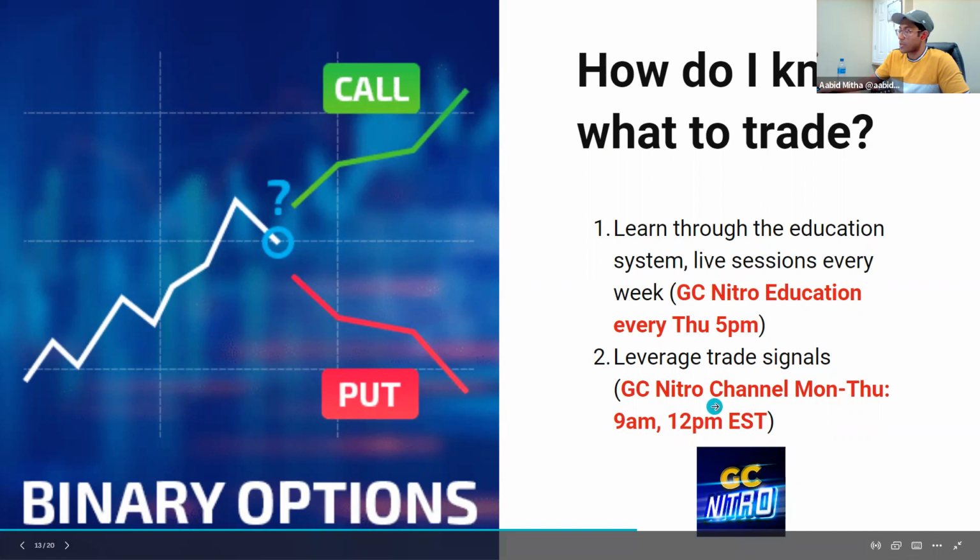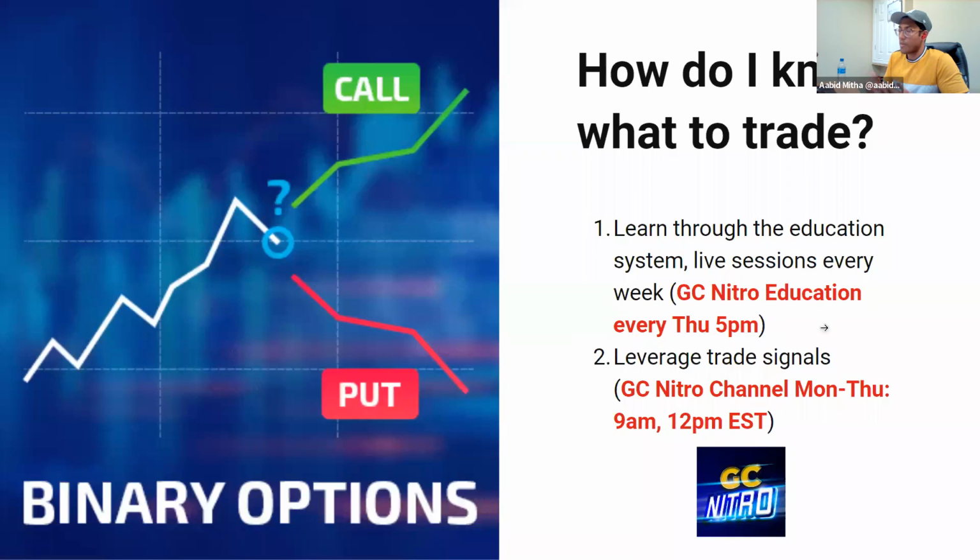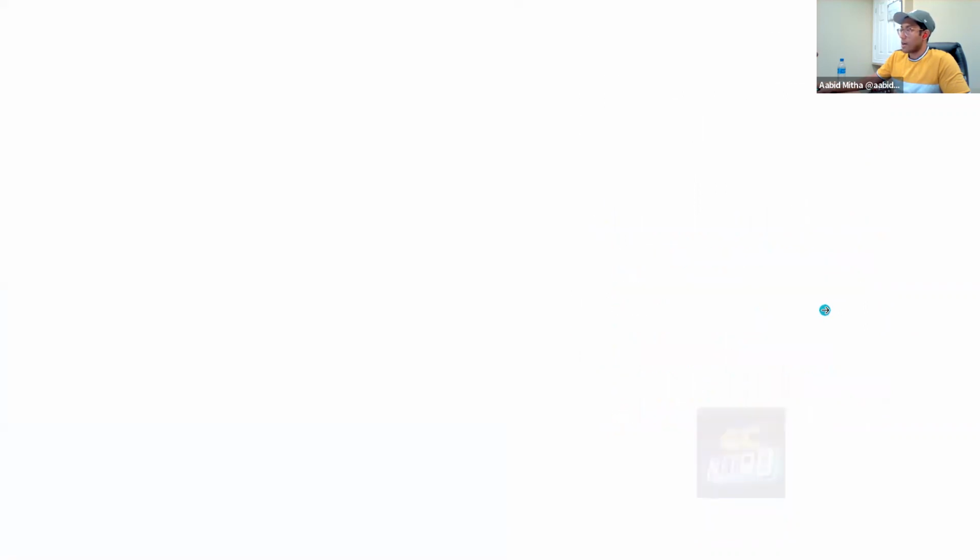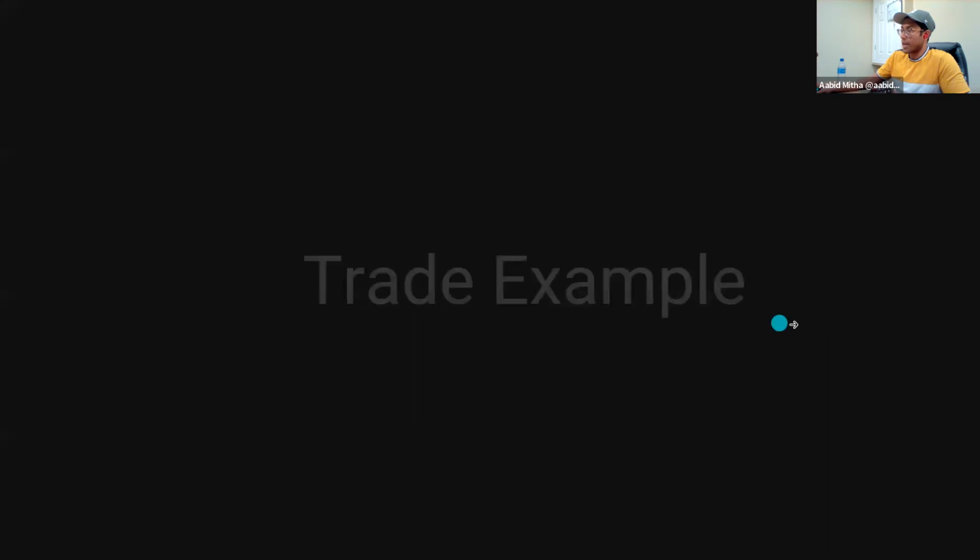So if you're not on the Nitro channel, I suggest speaking to whoever got you started to get you on it, because you pretty much plug in at 9 a.m., take the signals, and then continue with the rest of your day. But like we said, we do have live sessions every Thursday where we teach you how to trade by yourself with different strategies and how to apply them. So that's also available.